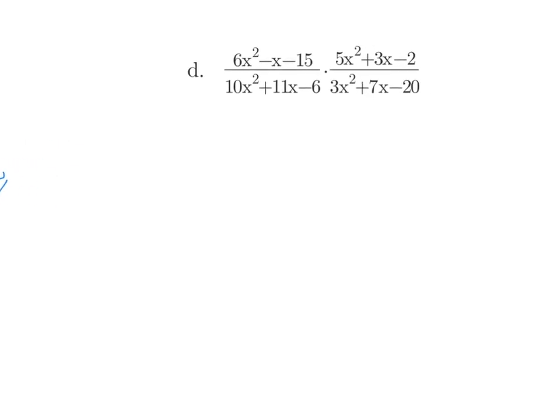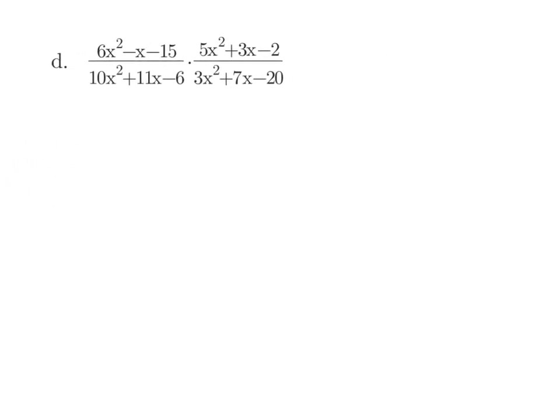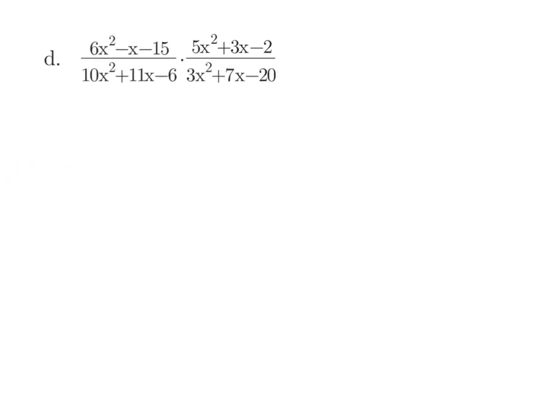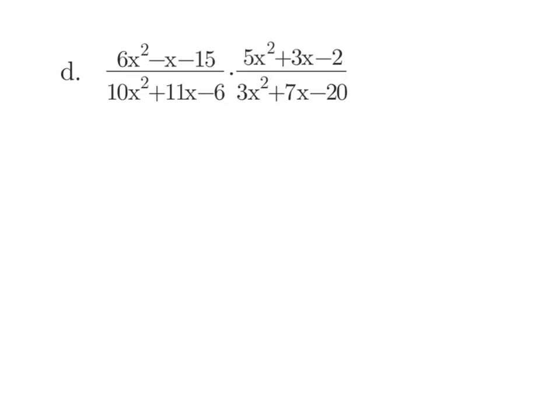Okay, let's go ahead and look at example D. Now, for D, we definitely want to take advantage of this rule of using what we have available and starting with easy factorizations. If we look at this, what do you think is easiest to factor?